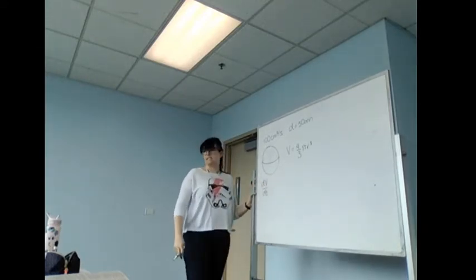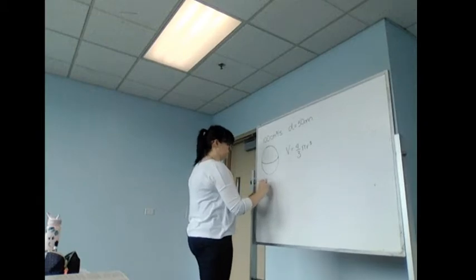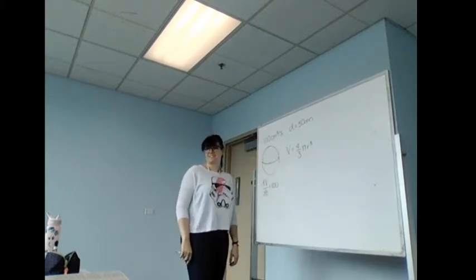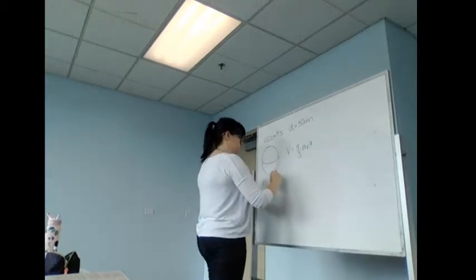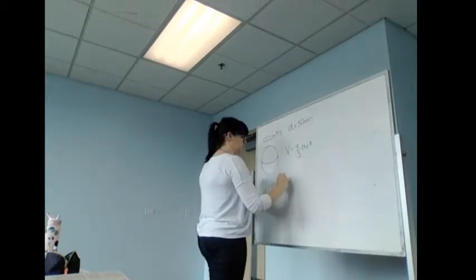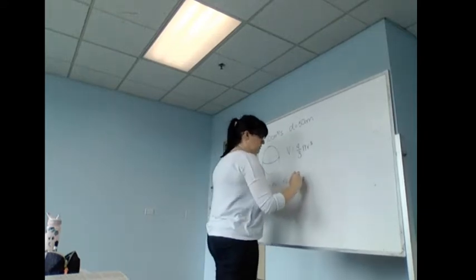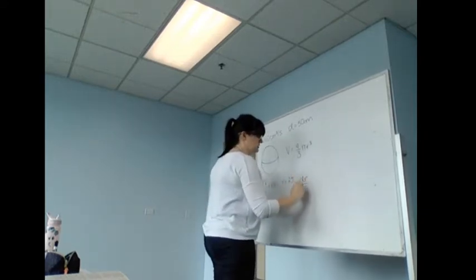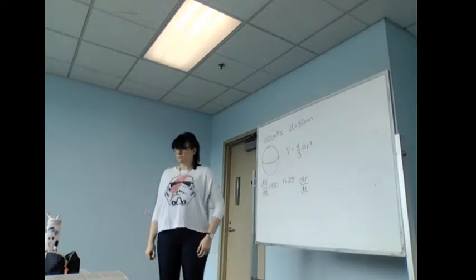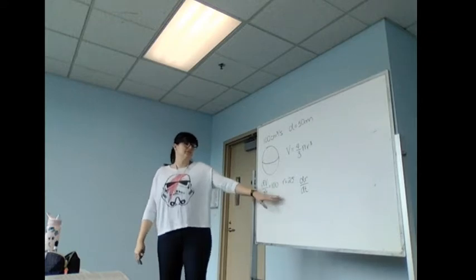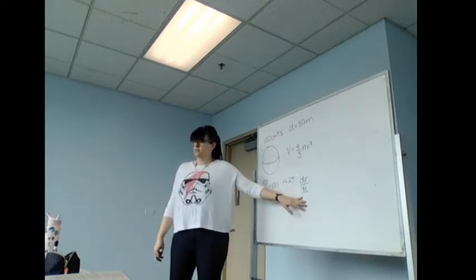So dV/dt is 100 units. Okay? And we want to solve it. r is going to be 25, and it's asking us for dr/dt, because it's asking us for the rate of change of the radius. That make sense?